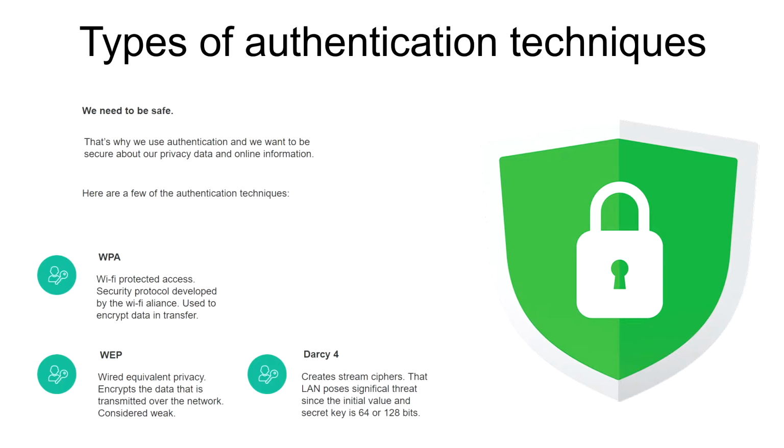Later on in the course, we're going to be talking more about different authentication mechanisms, how to choose the best one at the moment, and what the possible pros and cons are.